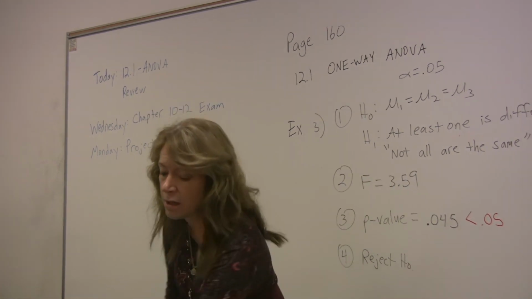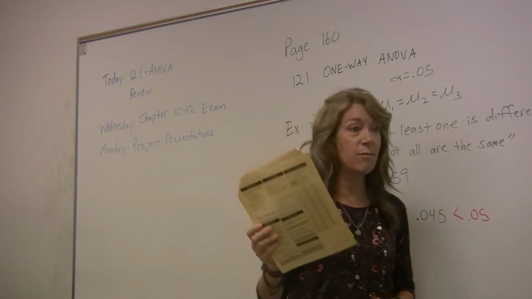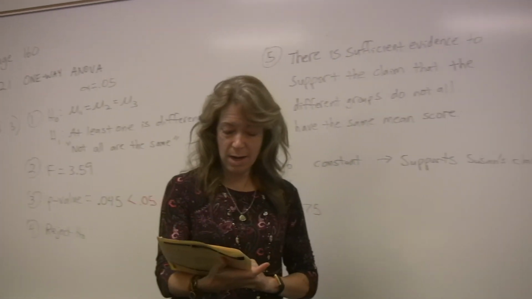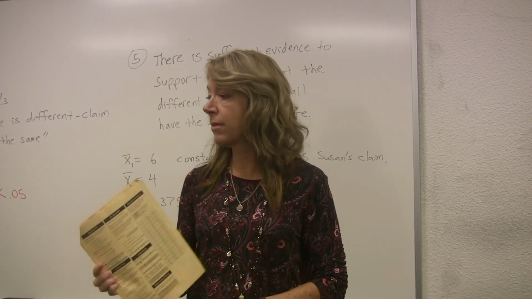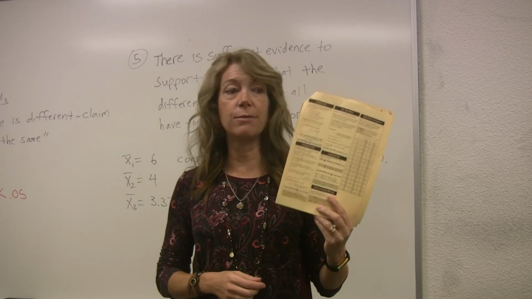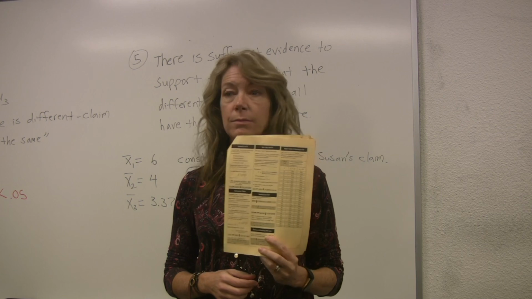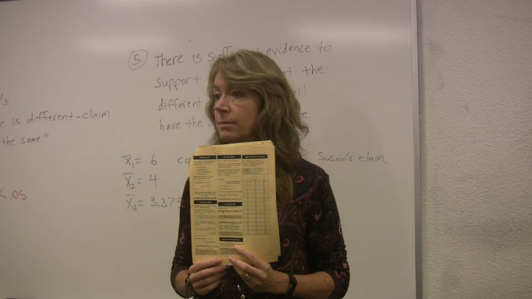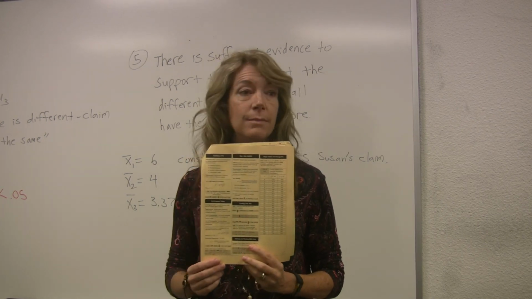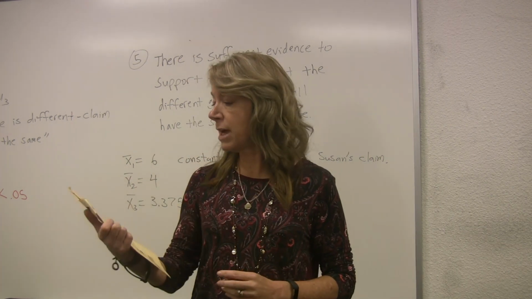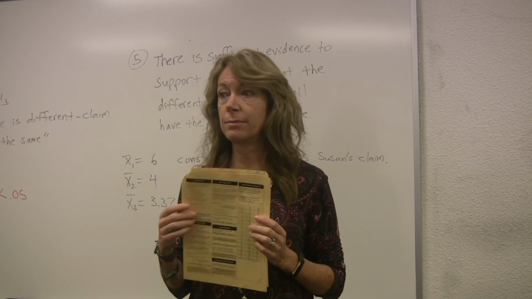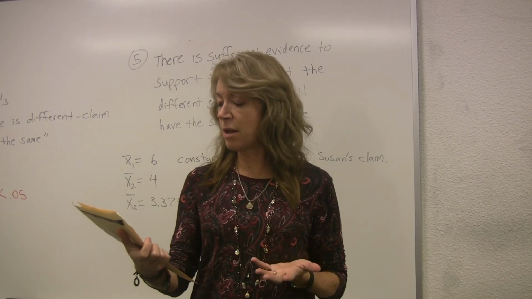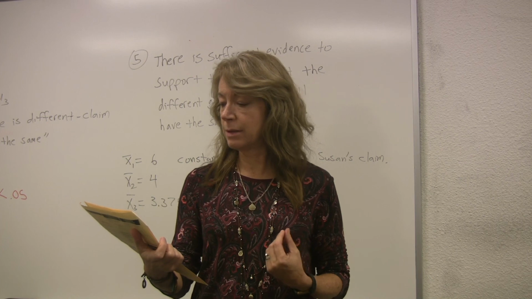Okay, let's look down our chart here. Our handout, we haven't pulled it out yet today. It's been a while. Page 3 of your handout. Right in the middle of page 3, one-way ANOVA. It talks about all the requirements.